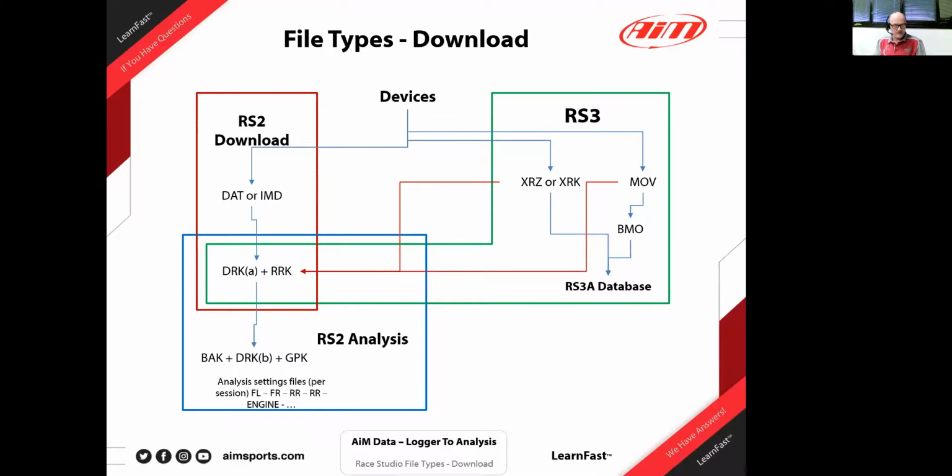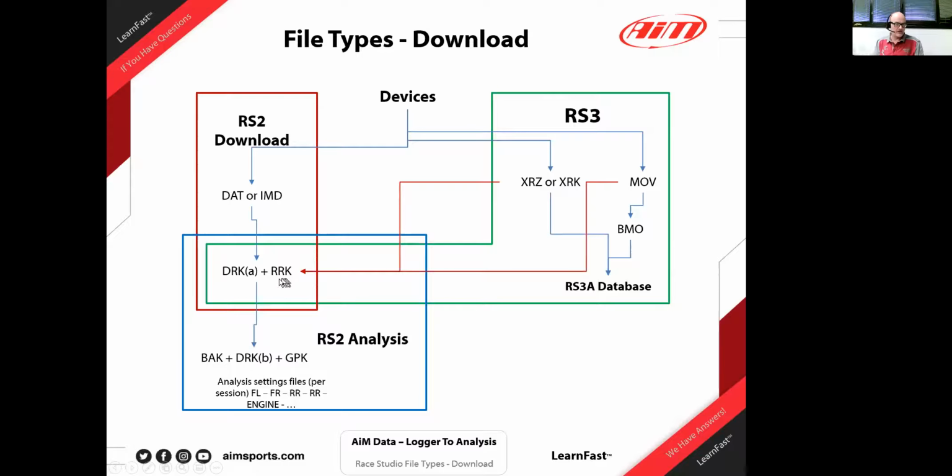Given the fact that we need a copy on the local PC of what's in the devices, let's jump to what Race Studio 2 does with the DAT or IMD files. Once the copy of the memory is created on the local PC, the memory is analyzed, parsed, looking for all samples and for any possible mistake, and a DRK that I call the DRK-A plus an RRK file are created on the local PC.